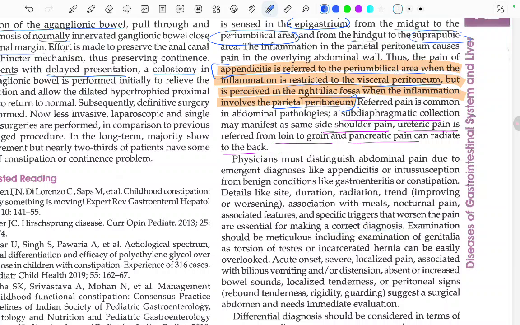So we have to ask about all these things. Examination should be meticulous, including examination of the genitalia, as torsion of testis and incarcerated hernia can easily be overlooked.